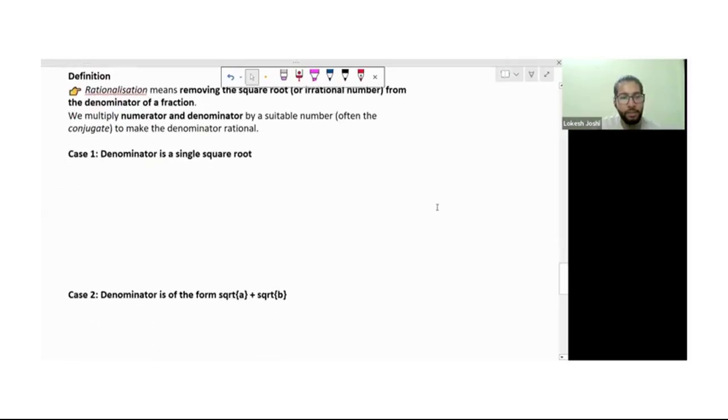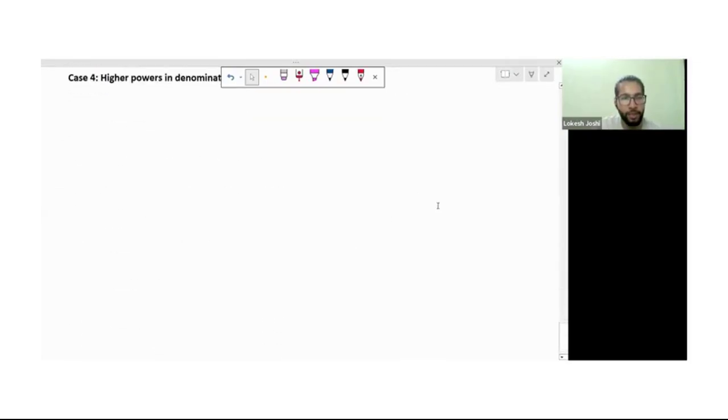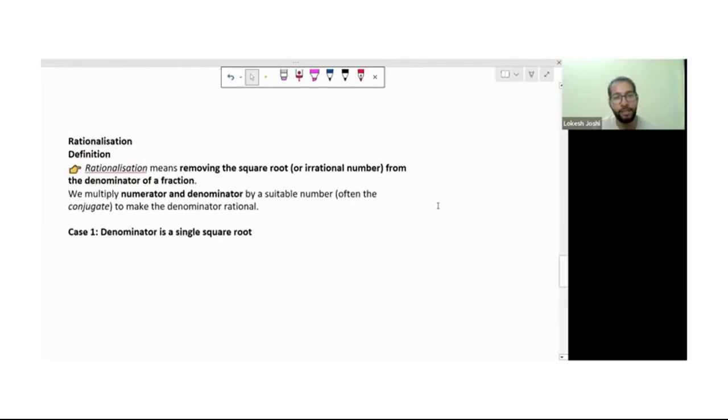Now there is one more topic in this one, which is known as rationalization. So what is rationalization? Rationalization means removing the square root or irrational number from the denominator of the fraction. Which means if I have a fraction like 1 upon square root 2, then how can we remove the square root 2 from the fraction? That's the way of rationalization.